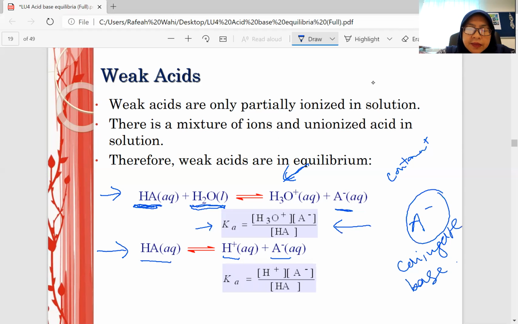Again, Ka is equal to the concentration of H plus ion times the concentration of the conjugate base, divided by the concentration of the initial acid, which is the weak acid. You have to take note of this equation because it will be used in many calculations regarding acid and base equilibria.